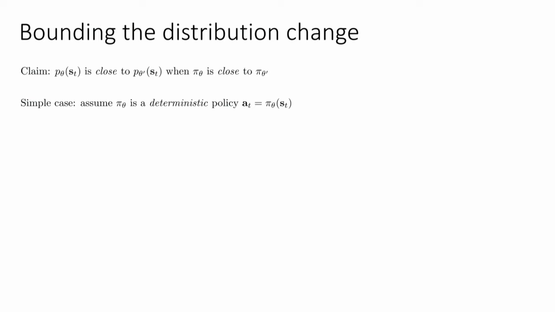If π_θ is a deterministic policy, we can equivalently write it as a function, a_t = π_θ(s_t). Then we can define the following notion of close: we say that some stochastic policy π_θ' is close to the deterministic policy π_θ if the probability of π_θ' taking an action that is different than the deterministic π_θ action is less than or equal to epsilon.